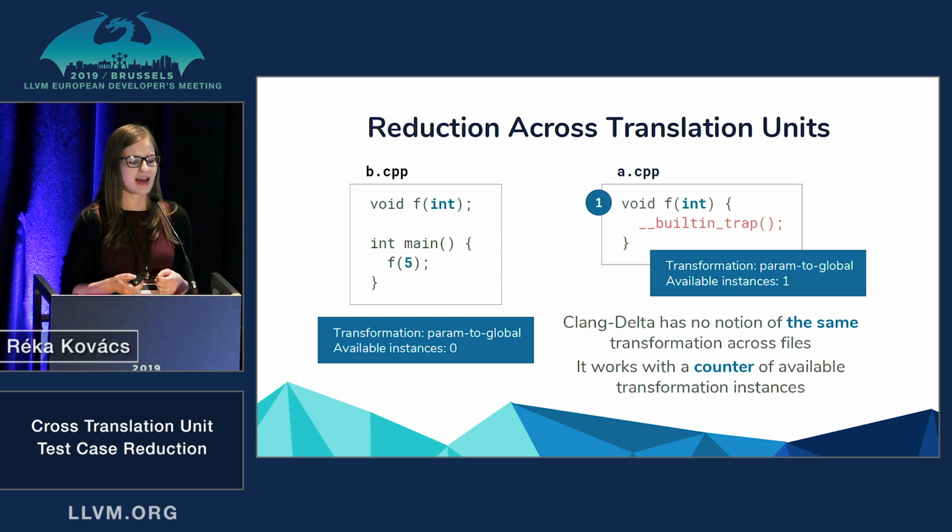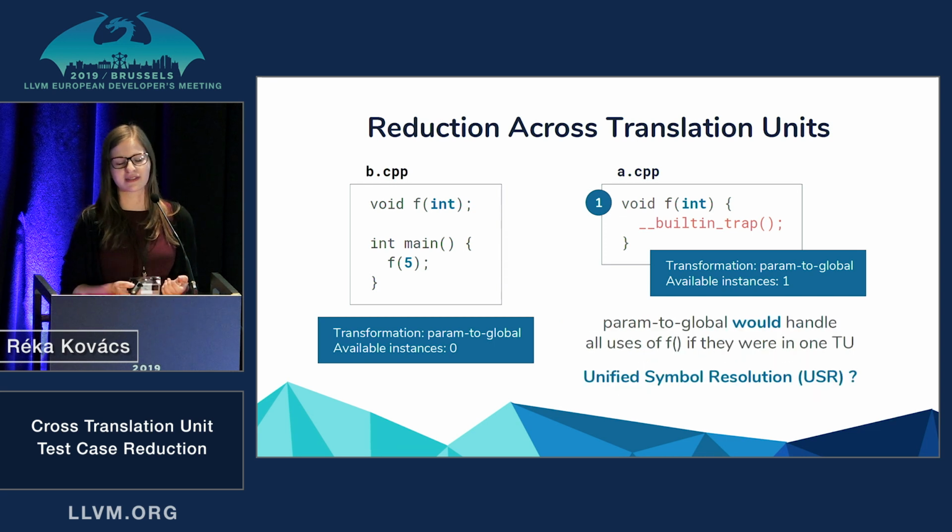So for example, if I ask Clang Delta to give me the available transformation opportunities for a.cpp, it gives me 1, because when it counts, it looks for function definitions. And for the other file, it gives me nothing because there's no definition of f there.